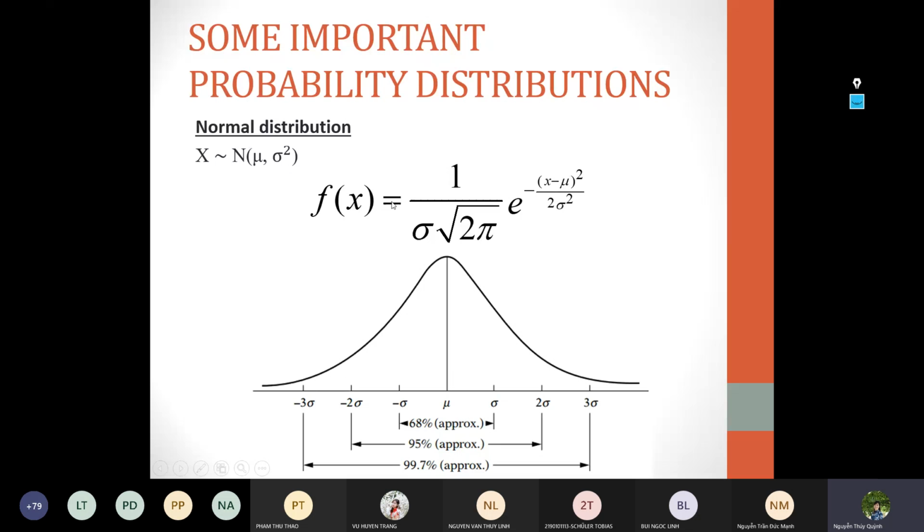You don't have to remember the distribution function of it. Just remember the shape. Is it symmetric or not? And the ratio of the percentage of the observed values in each ring.